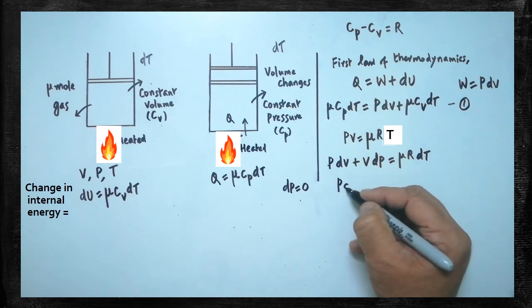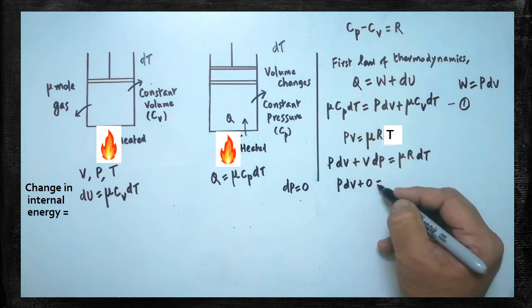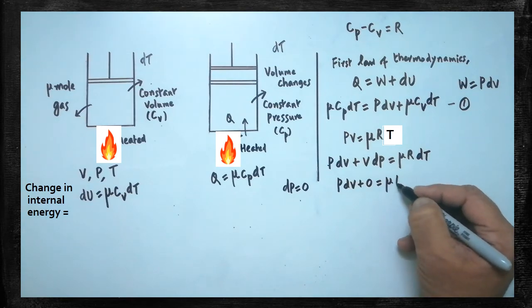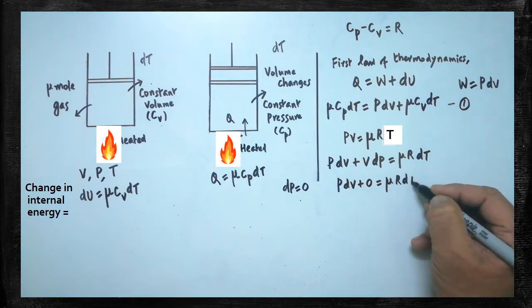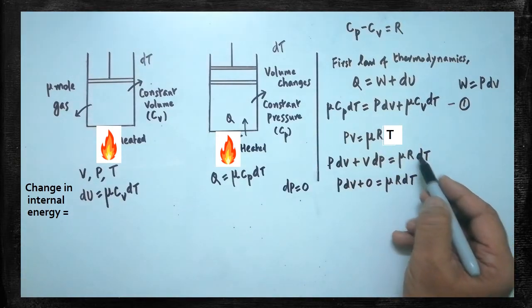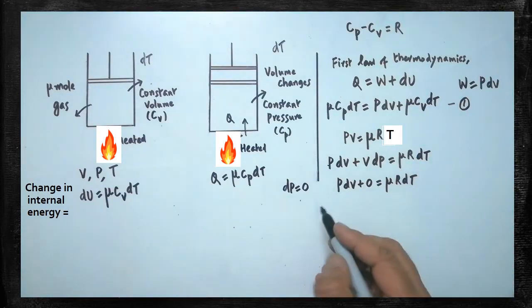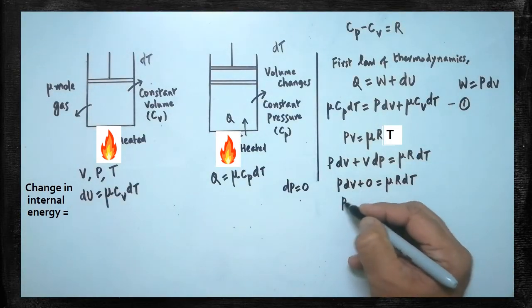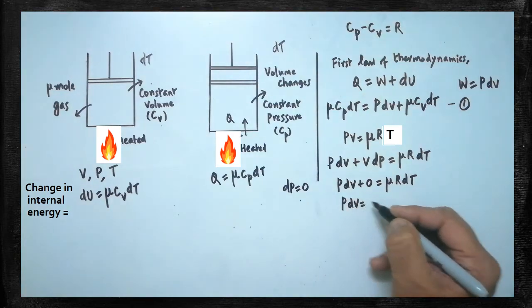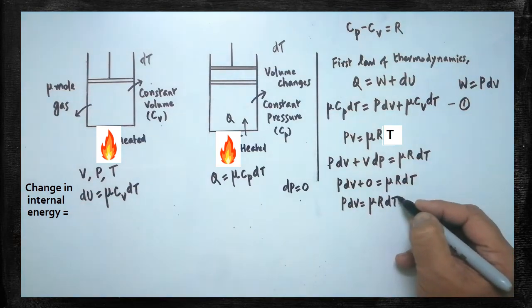Therefore, the V dP factor becomes 0, and P dV is equal to mu into R into dT. Here T is differentiated, and after differentiation it becomes dT. So P dV is equal to mu into R into dT.